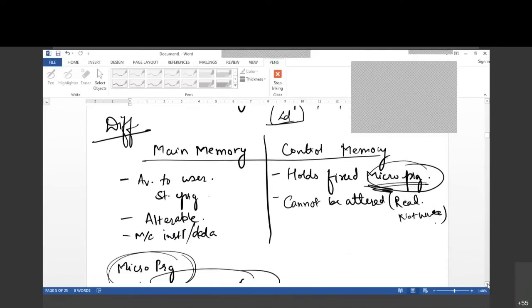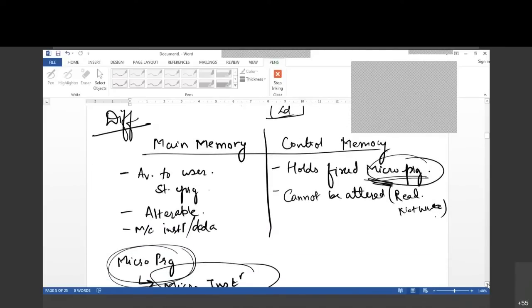Main memory is available to all the users to store their programs. It is alterable. We make changes to our programs and they get changed in the main memory. It consists of machine instructions and the data.